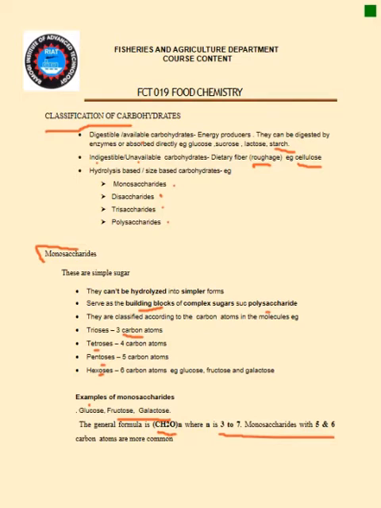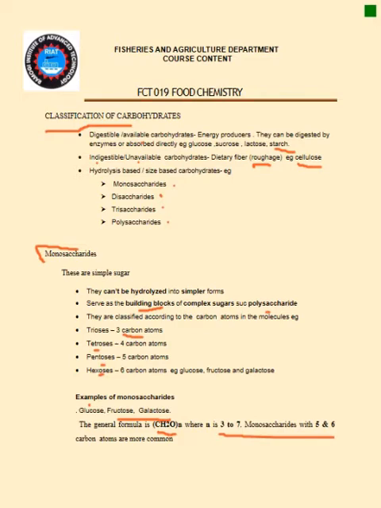Monosaccharides. These are simple sugars, as I've mentioned. They cannot be hydrolyzed into simpler forms because they are already very simple. They serve as building blocks for complex sugars. When you want to get a complex sugar, you add several monosaccharides together.